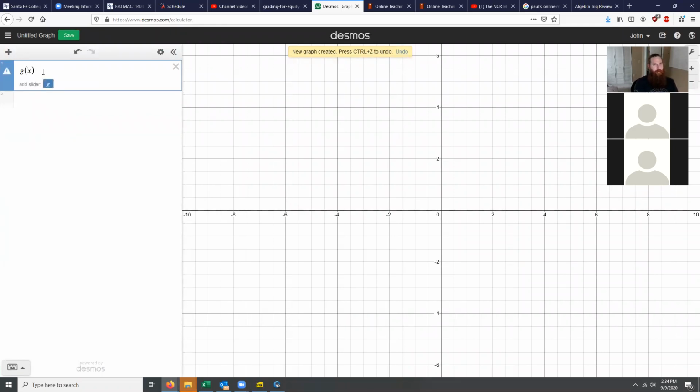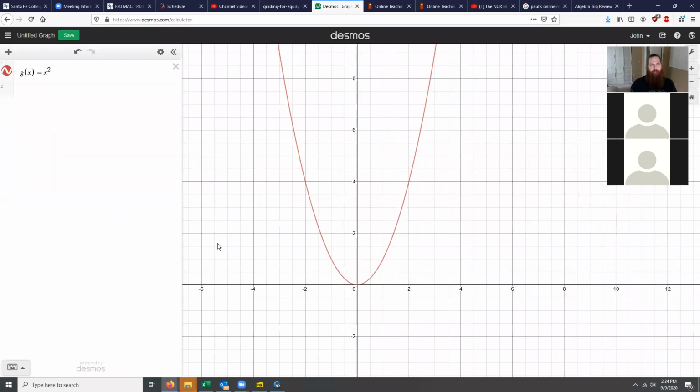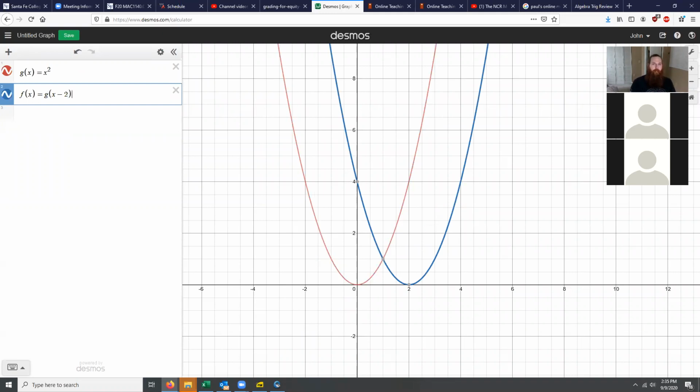Fresh graph. So let's start with some parent function like x squared. I'm going to build some other functions out of this. I could make this g of x minus 2. And you see that that shifted everything to the right by 2. Right? To get the blue from the red, you shift everything to the right by 2.